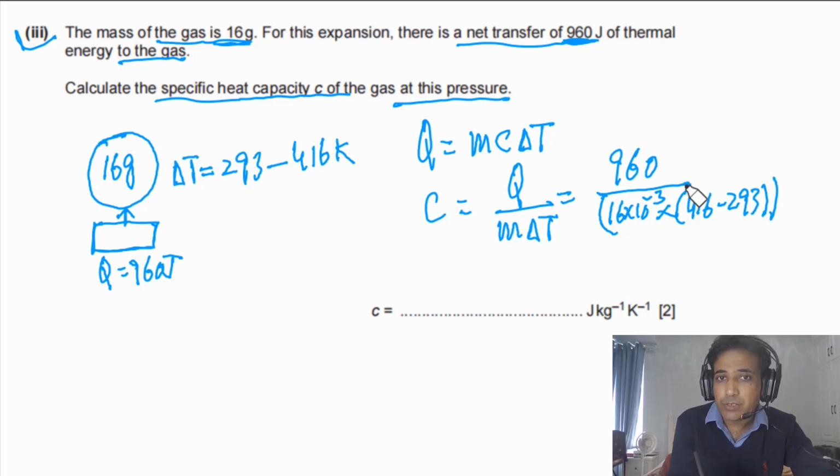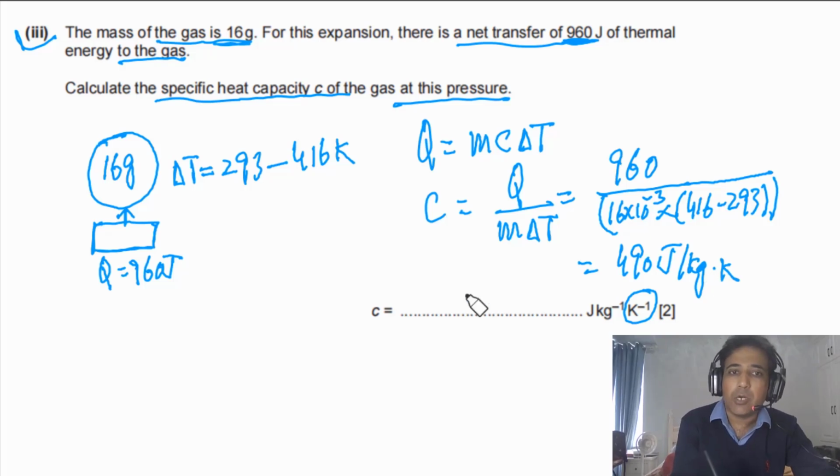This has to be in Kelvin because here the unit is Kelvin. Now if we simplify this one, we will get 490 joules per kg per Kelvin. So this is how we need to answer. So the answer for this question is 490 joules per kg per Kelvin.